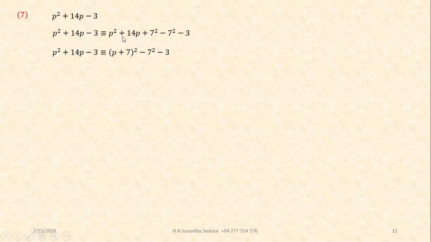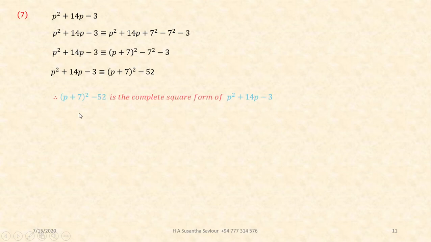So p plus 7 squared minus, so always half of this comes here and squared, and the additional square will be reduced here. So this will be the complete square format of this one. p plus 7 squared minus 52 is the complete square format of p squared plus 14p minus 3. We will quickly go to example number 8.